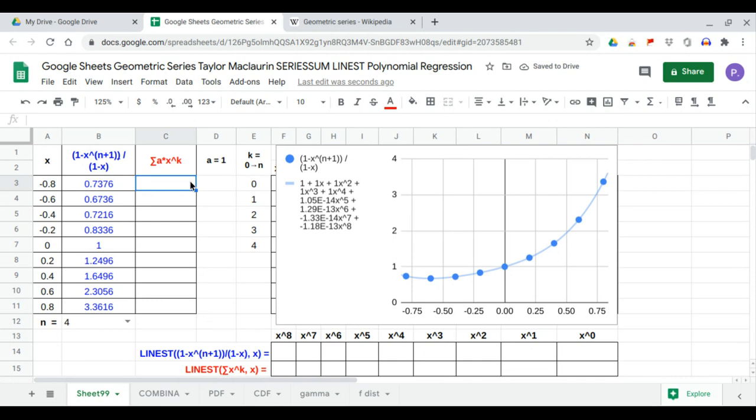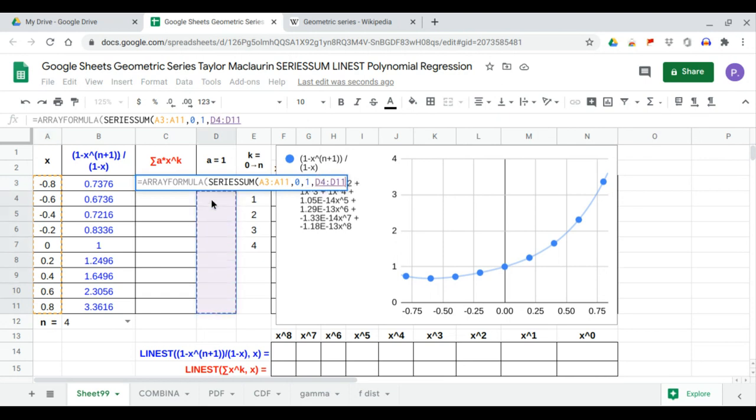Next, we generate the Taylor-Maclaurin series sum. So array formula, series sum of the x values raised to the power, starting from 0, incremented by 1, and the coefficient will be this range.